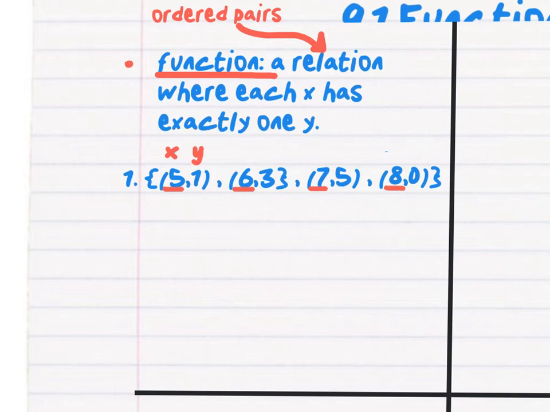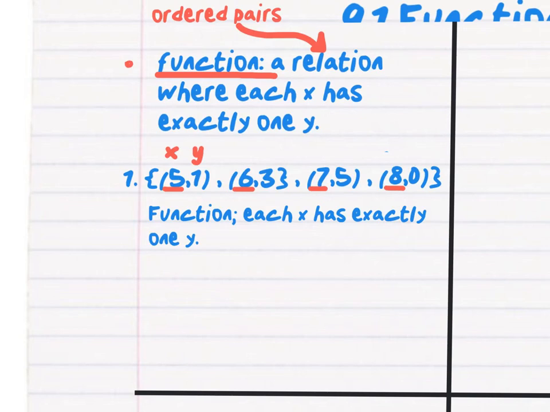If you look at the x's and they're all different, that's a big clue. That's automatically going to make a function, because you would not have the same x matched up with different y's. So I need you to write that it is a function, and it's because each x has exactly one y. And then we're going to box our answer.